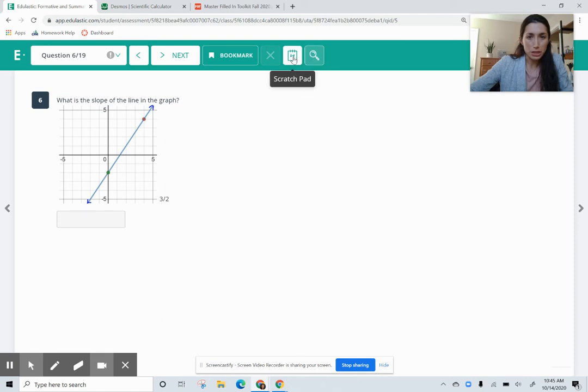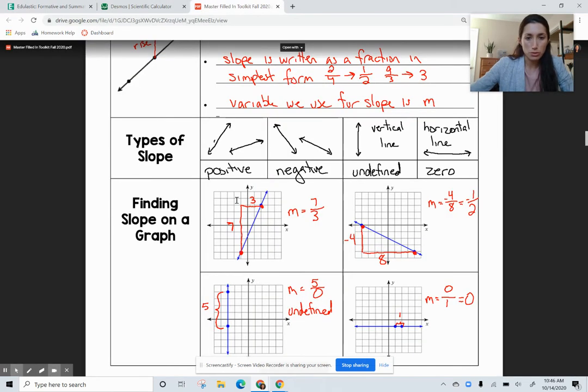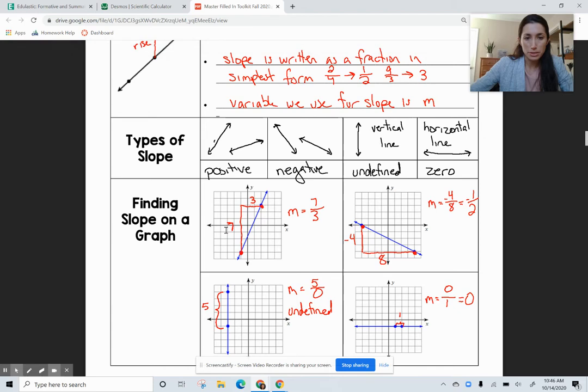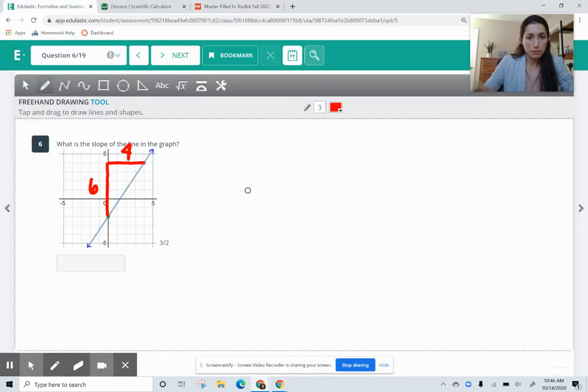Here we're going to find the slope for our scratch pad. Remember, slope is vertical change 1, 2, 3, 4, 5, 6, and 4. 1, 2, 3, 4. So remember, slope is vertical change over horizontal change. I'm looking back at my toolkit. Here's an example, the 7/3. And it looks like it's positive. So this one is also positive. And it is change in y over change in x.